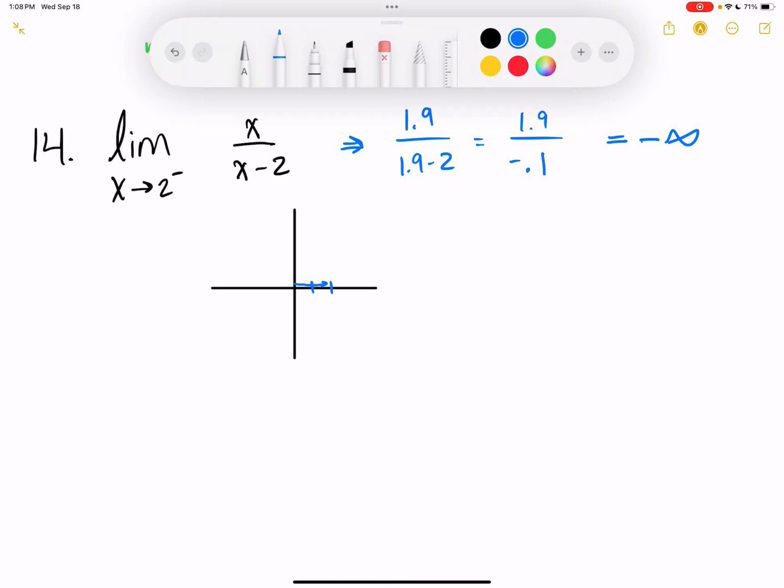Because you would end up with a number that's almost 2 over 0.0000000000001, and when you do that, that's going to give you a giant negative number. If you put enough 9s in there, your calculator is going to give a syntax error, like this number is too big.